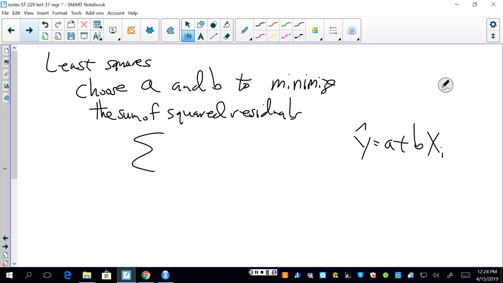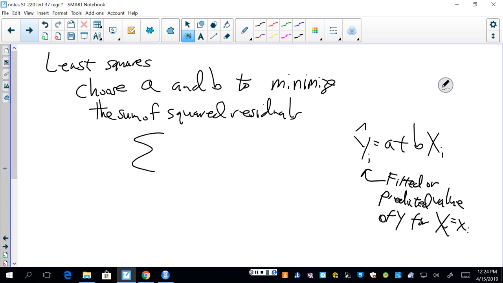So if x_i is the ith point, this is either called the fitted or the predicted value of y when x is a particular value. We're going to look at the difference of the actual y_i minus its predicted value. Some of those are positive, some of them are negative. We're going to square them all, so they're all positive, and we're going to add them all up. So that's called the sum of squared residuals.